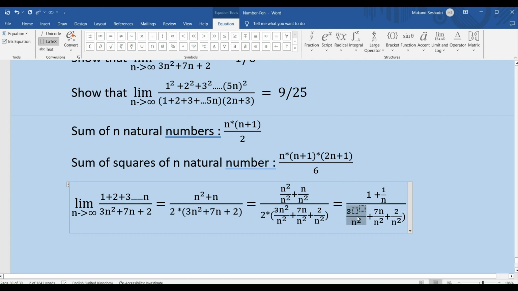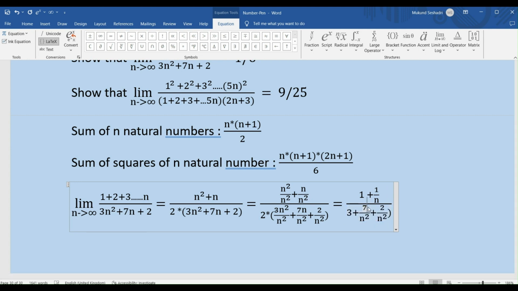So I'm left with 3, and my 7n by n square becomes 7 by n, and my 2 by n square remains as it is. And remember not to miss out this 2, because these are the mistakes that we usually make.